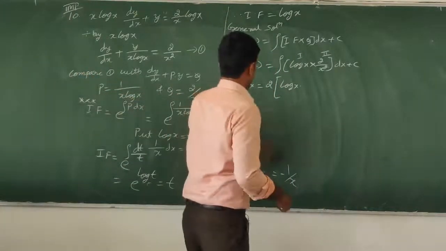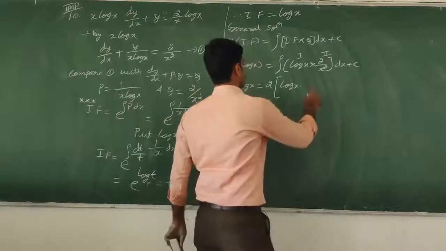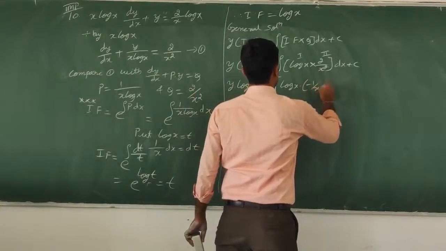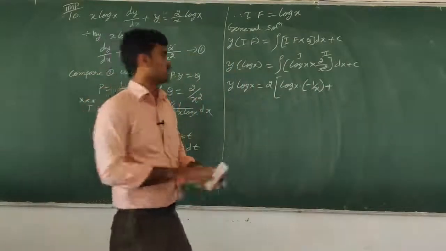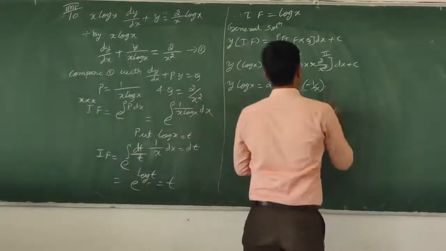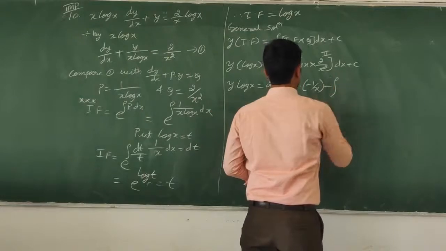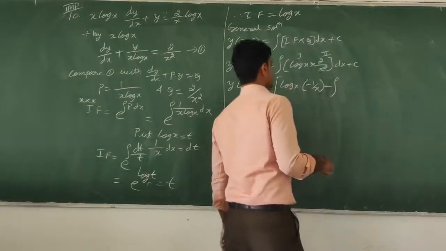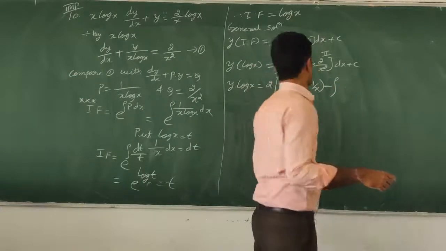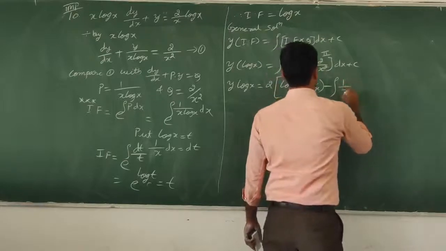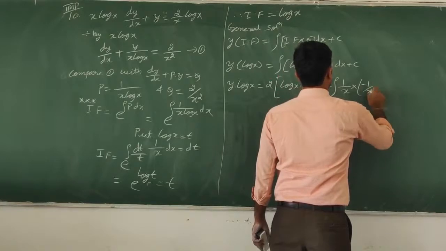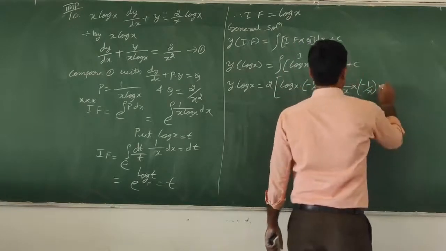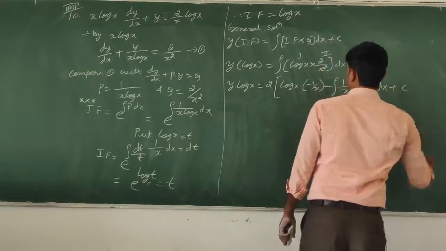Integration of 1 by x square, directly, that is minus 1 by x, plus, sorry, not plus, minus here, minus integration of differentiation of first function, log x, derivative of log x is 1 by x, into integration of second function, that is minus integration of 1 by x square is minus 1 by x, whole dx plus c.